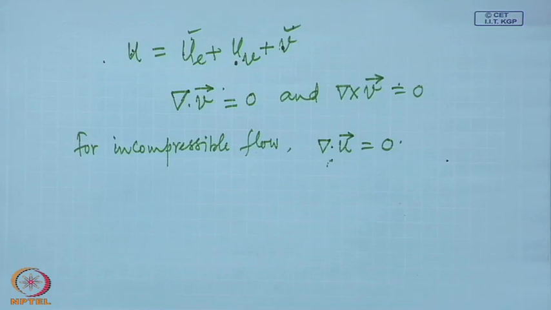Now, if it so happens that in particular cases the incompressible flow is such that its vorticity is also 0, then what happens?